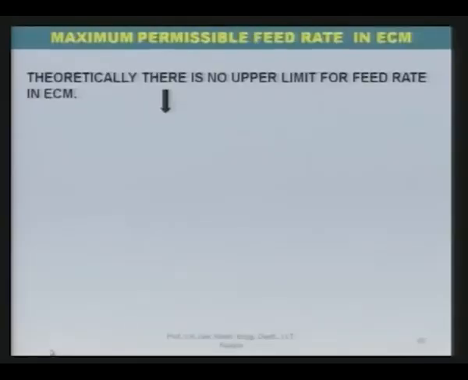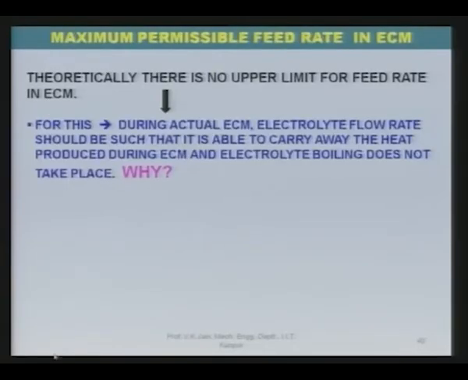Still there is always a limit for the maximum permissible feed rate, and that is what we are going to evaluate today. For this purpose, during actual electrochemical machining, the electrolyte flow rate should be such that it is able to carry away the heat produced during ECM and electrolyte boiling does not take place.